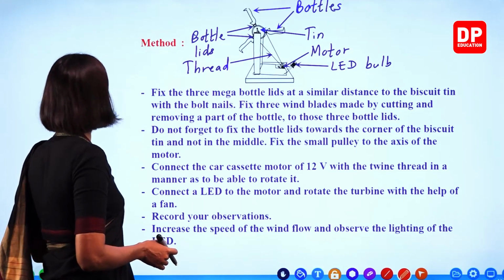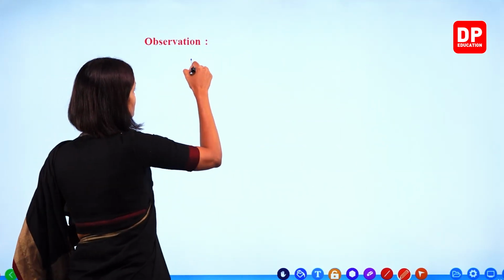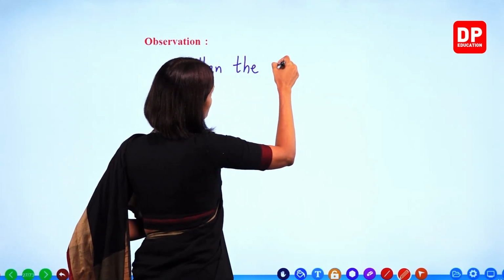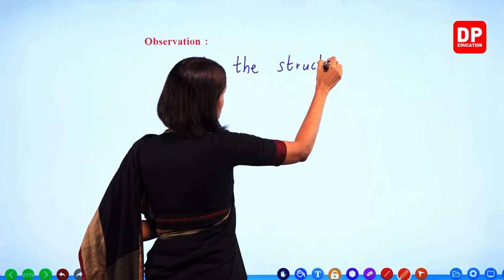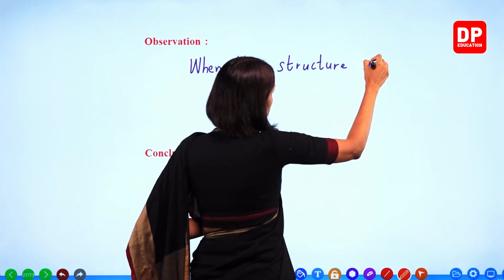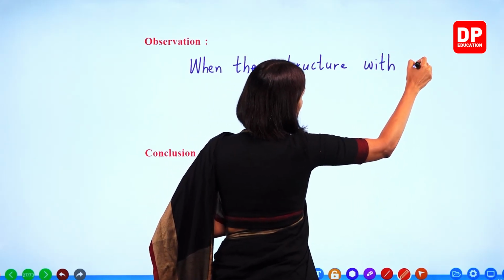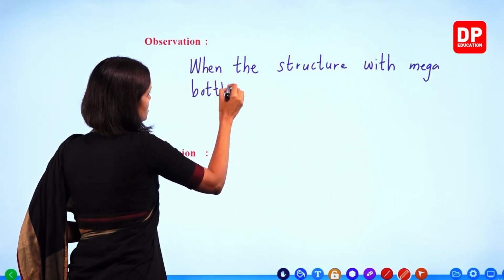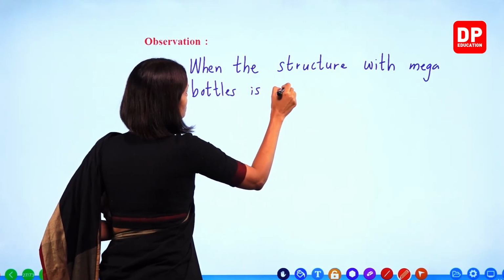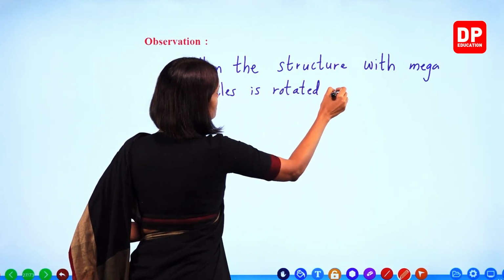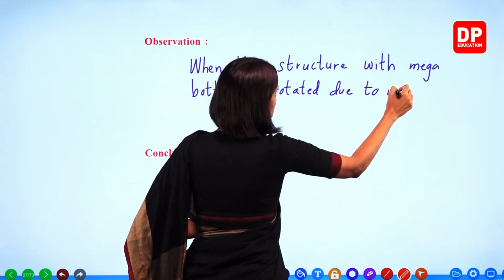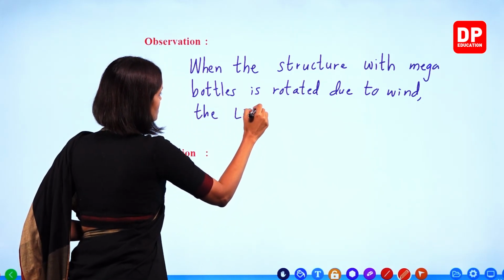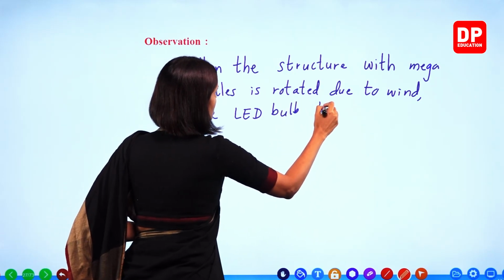Okay? Right. Observation: when the structure with mega bottles is rotated due to wind, the LED bulb lights up.